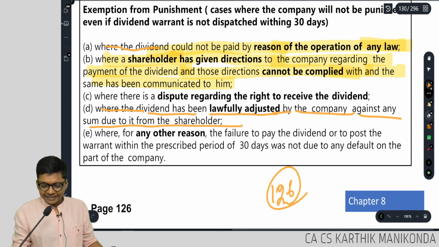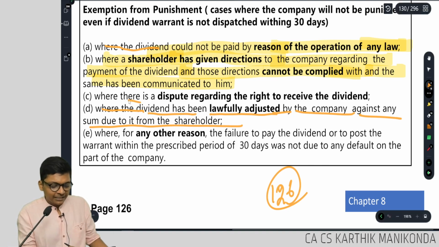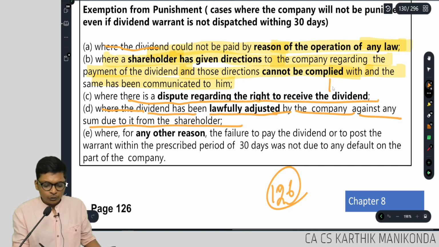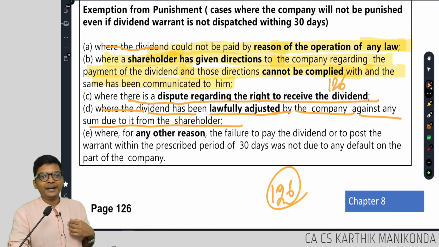What is 126? Abeyance. When abeyance will come? When there is any dispute. That is the next point. Point C. Where there is a dispute regarding right to receive dividend. 126. Ambani example. Ambani brothers. That time Ambani can't tell, hey, you didn't pay within 30 days. Come on, give me 18% interest.